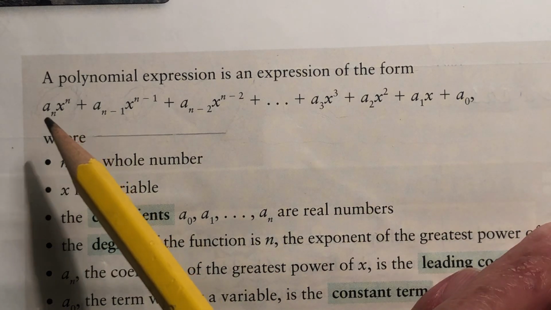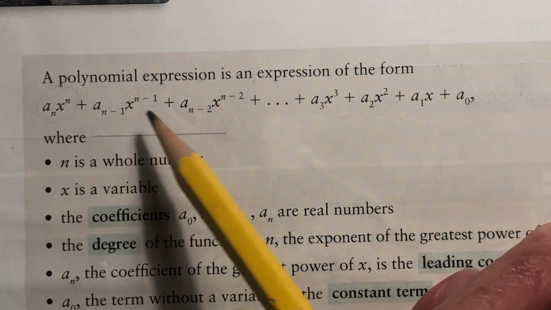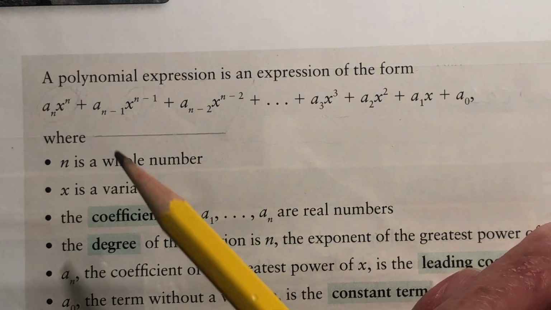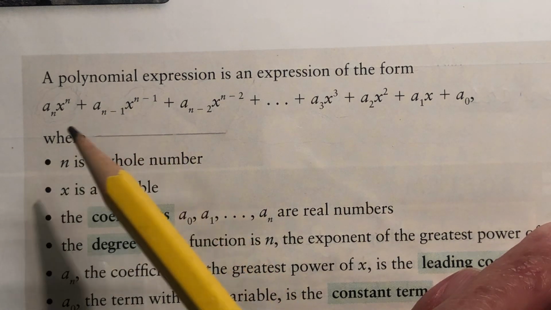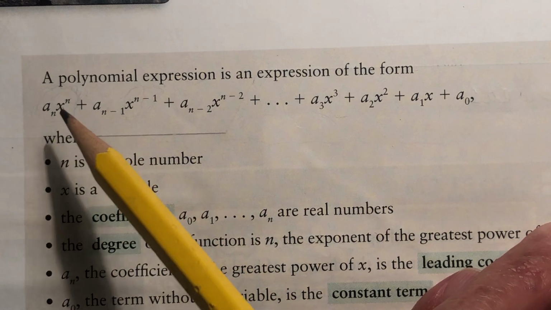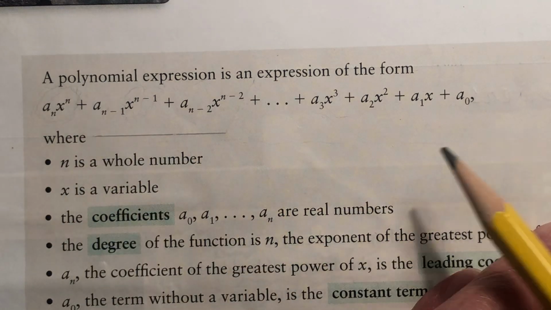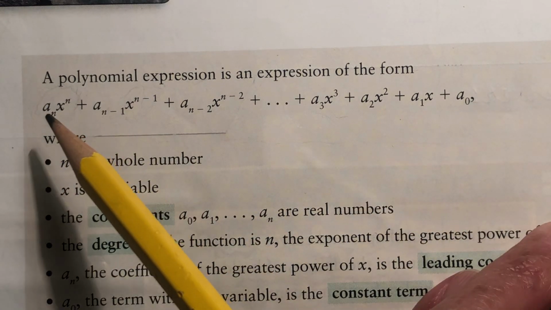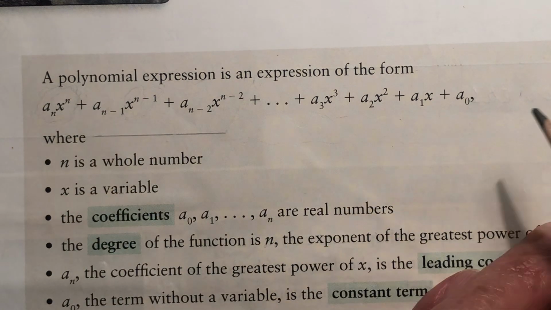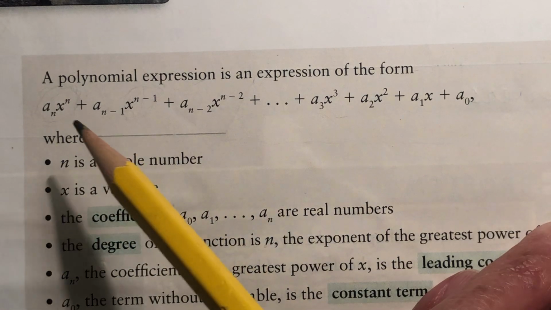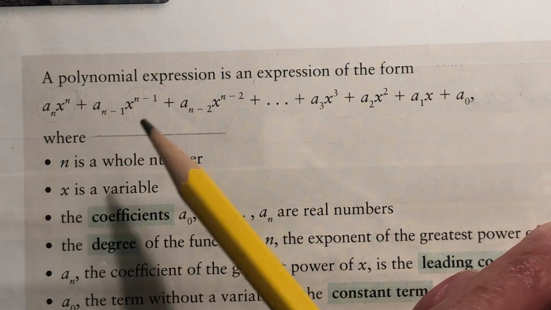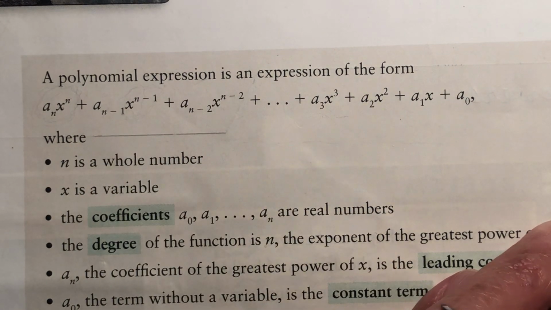And all the a's, a here, a, all the a's are constant. So I have a sum of many terms, and in this sum of many terms, the variable is x. So I call this expression.